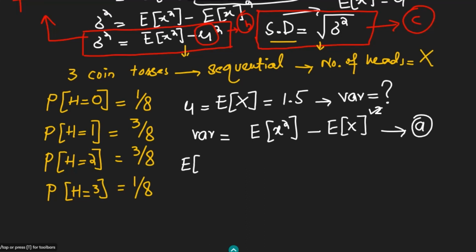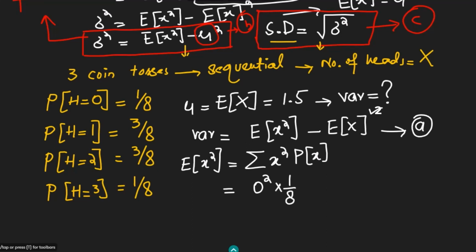In order to find this value, the formula is the sum of x square times the probability of x. Applying it, for the first value, 0, we take the square of it and multiply it with the probability it has.